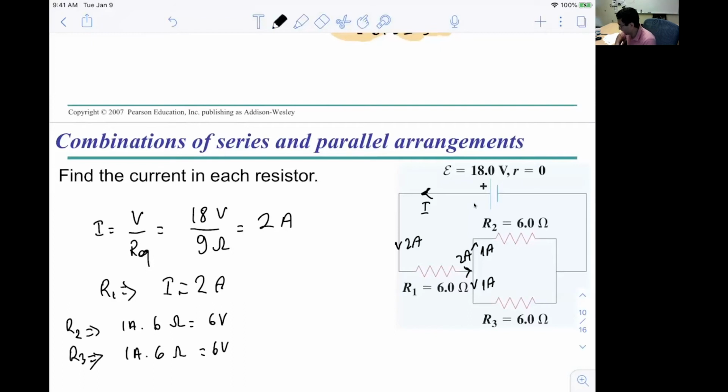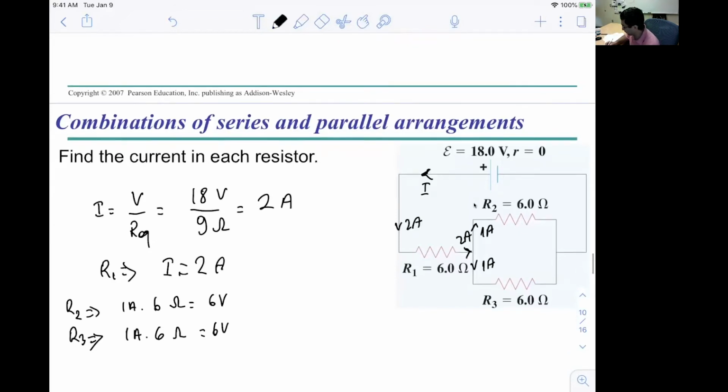So, another way you can approach this problem. For example, for R1, you know it has 6 ohm and 2 amps. The potential on R1, let's say V1, is I times R1, 2 times 6, equals 12 volt.